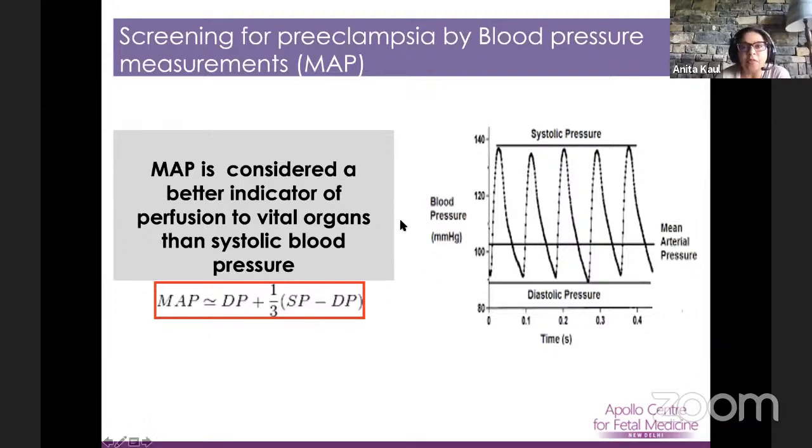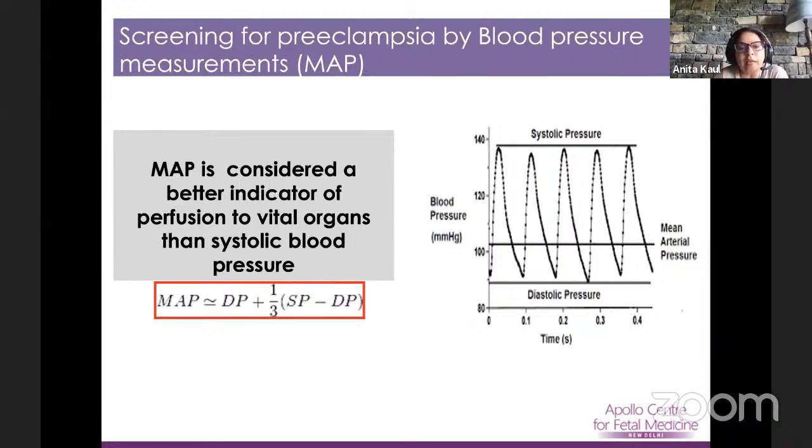And similarly for the mean arterial pressure. I know that we've been doing systolic, diastolic for many years, but the mean arterial pressure is a better indicator of perfusion to vital organs than just doing systolic blood pressures.